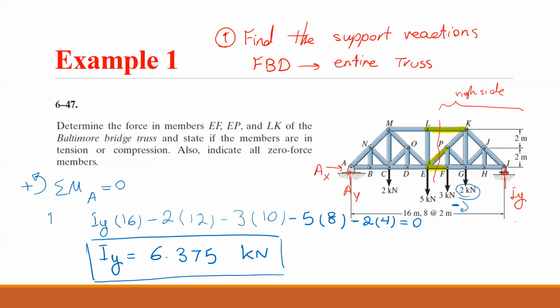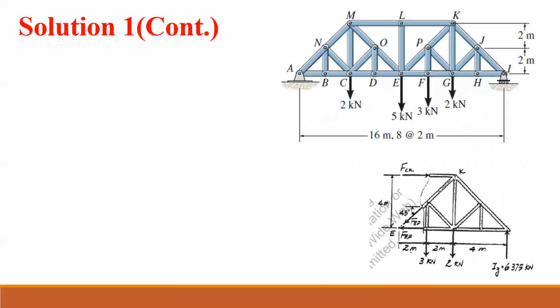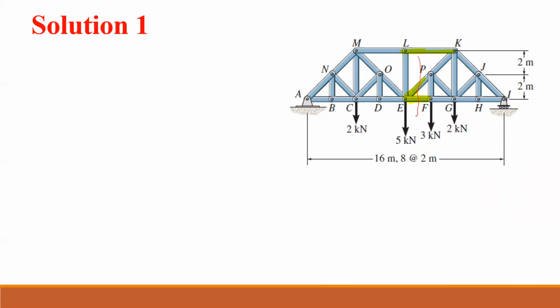So the first step is just finding the reaction. Now the second step is to cut and analyze the side we want and find the internal forces. All right, let's go ahead and cut it from here, through the members involved with the internal forces that we want to find, and then draw the free body diagram.